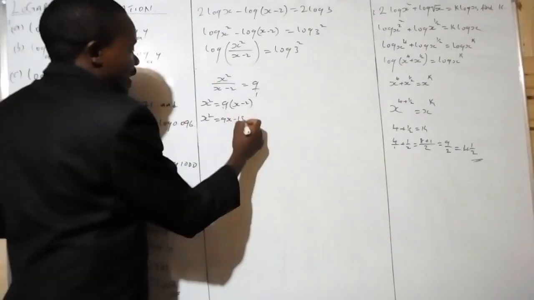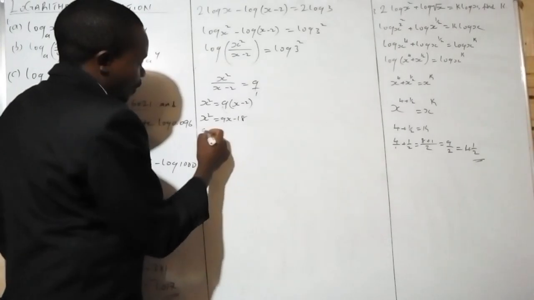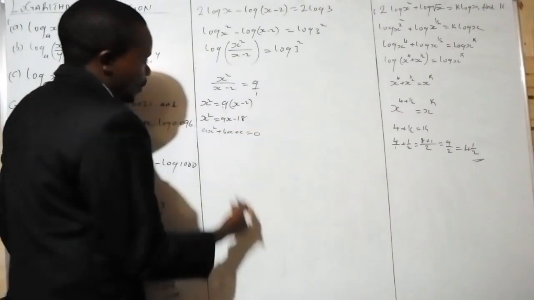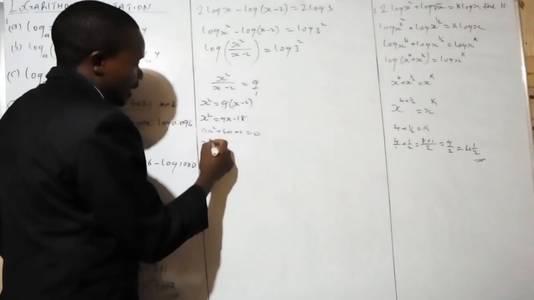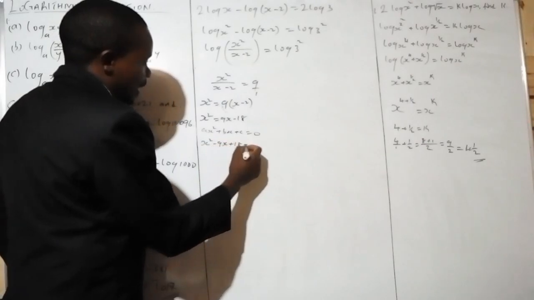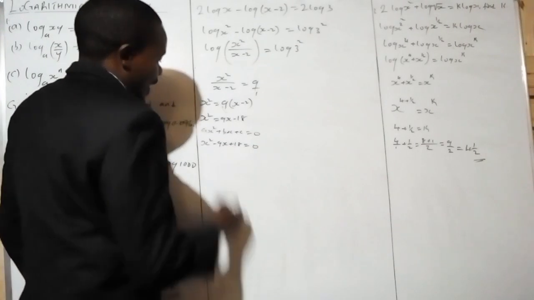This equation will be in the form of a quadratic, ax squared plus bx plus c is equal to 0. You rearrange: x squared minus 9x plus 18 is equal to 0. Take the first and the last, 1 times 18 is equal to 18.